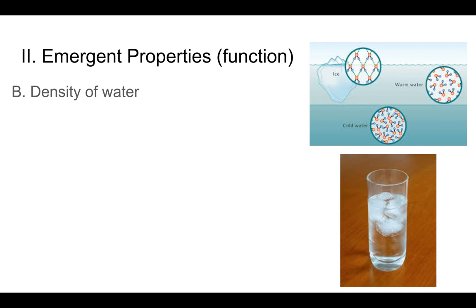And this is the idea of water's density in different phases, or states of matter. So if you think about most of the matter that we talk about, if you think about solid, liquid, and gas forms of that matter, which one of those states of matter is most dense?